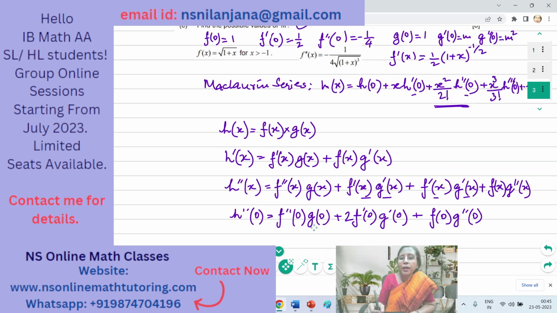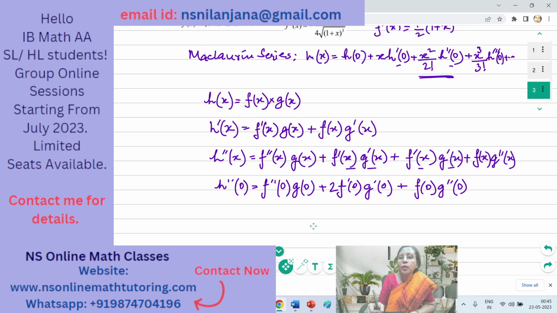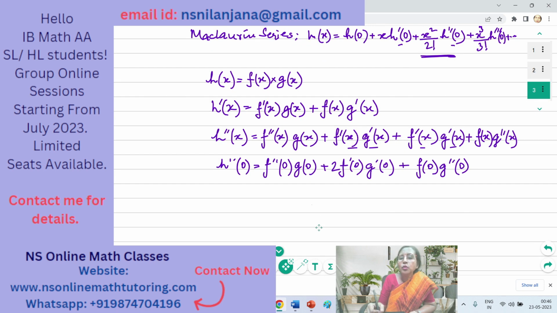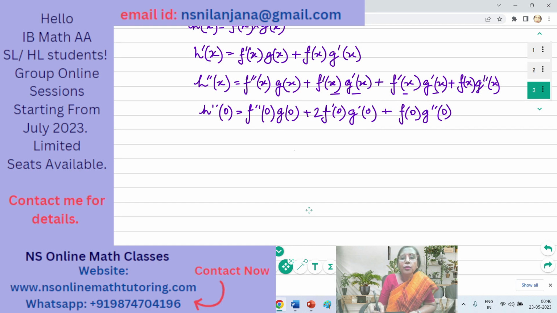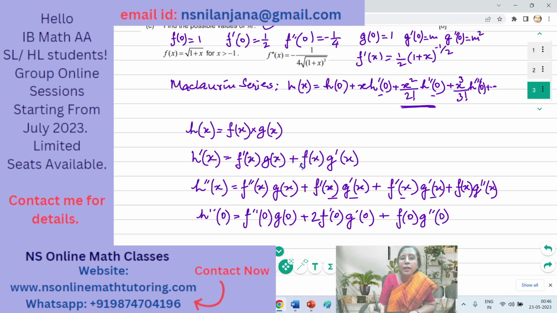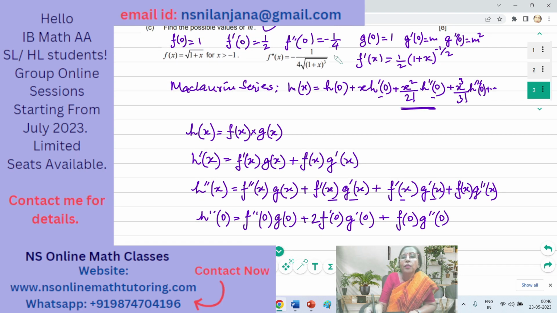And now, first of all, we have to get h double dash 0, and we have to divide it by 2. First is f double dash 0 times g of 0. g of 0 was equal to 1, and f double dash 0 was equal to negative 1 over 4. Okay?